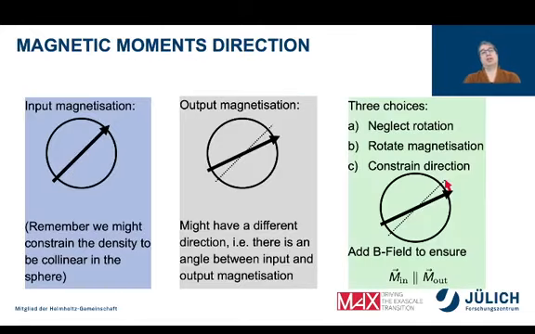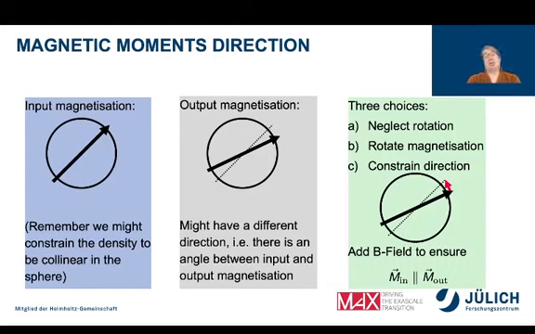When you do such a non-collinear magnetization calculation, you also very often consider really this direction of the magnetic moment. So on the one hand, of course, we have an input magnetization. As just said, we sometimes, or more by default, constrain this to be collinear in the sphere. And then we have an output magnetization, which might have a different direction. So it might be slightly tilted.